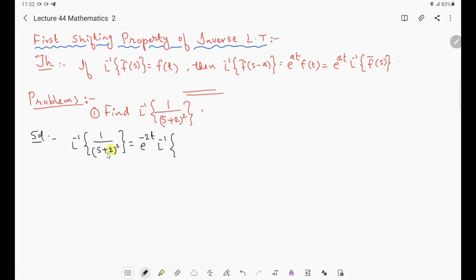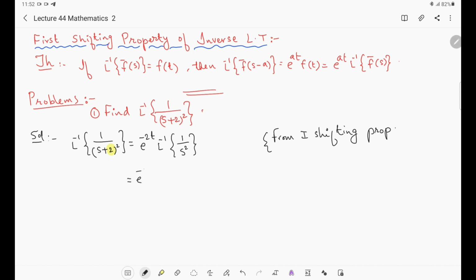So 1 by s plus 2 will become 1 by s, so 1 by s square will remain. This I am writing from the first shifting property of inverse Laplace transform. So Laplace inverse of 1 by (s plus 2) whole square is becoming e power minus 2t into Laplace inverse of 1 by s square.